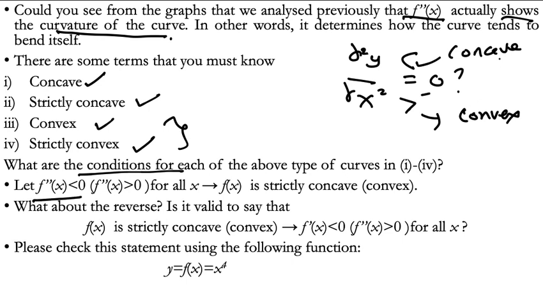Like I said earlier, the curve must be concave, and it is concave for all x in y. Then if f double prime x is less than 0 for all x in y, we call it strictly concave. The opposite is convex.